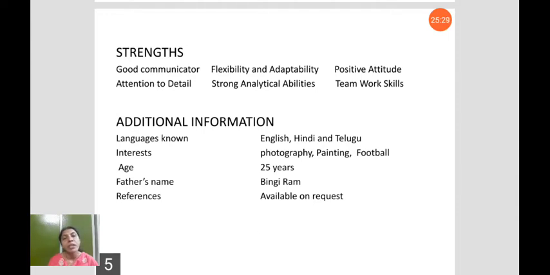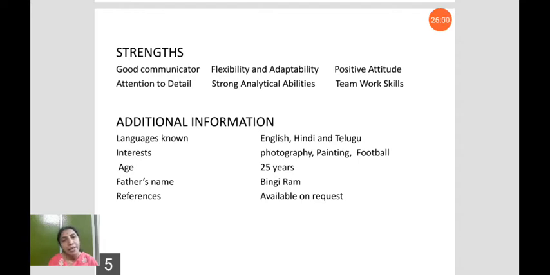So that's why this is taken as a strength for this candidate. Next is positive attitude. Then attention to details, okay, and strong analytical abilities, teamwork skills.